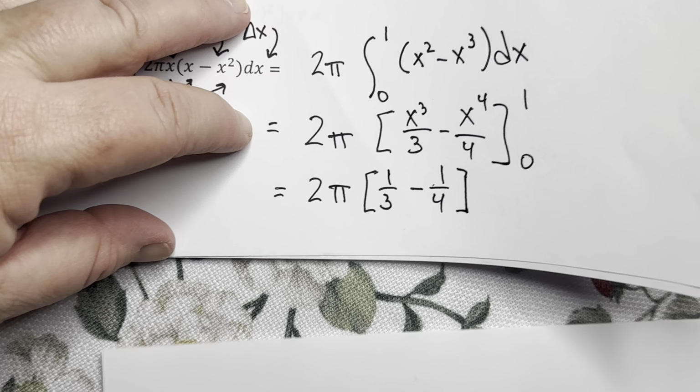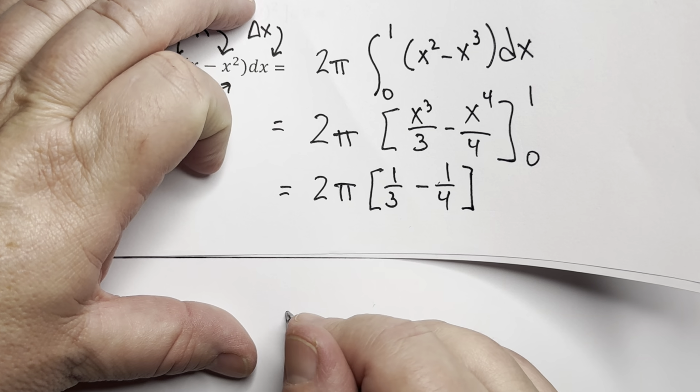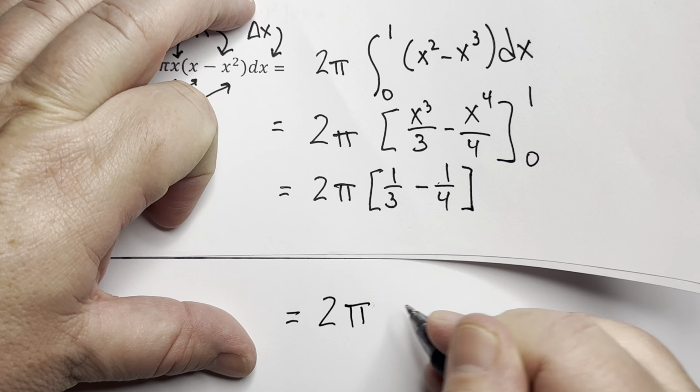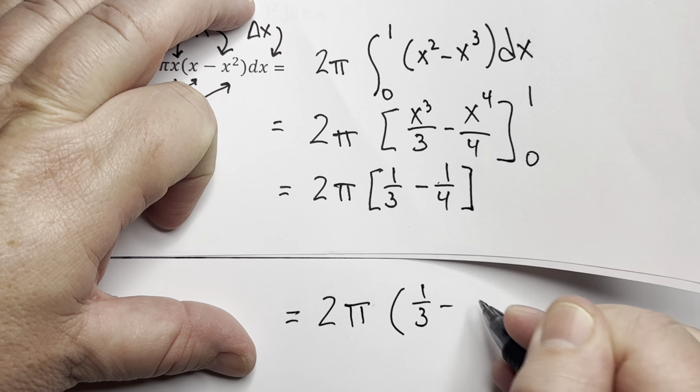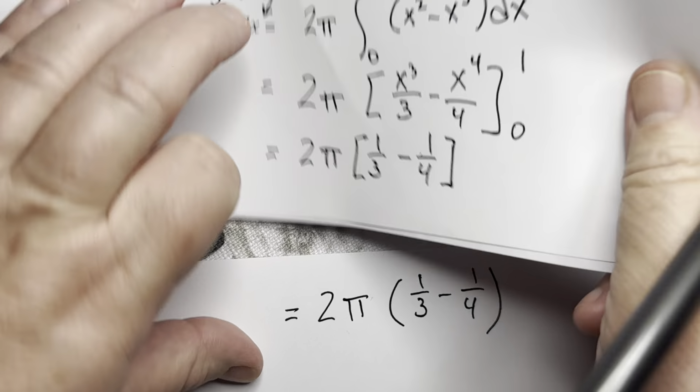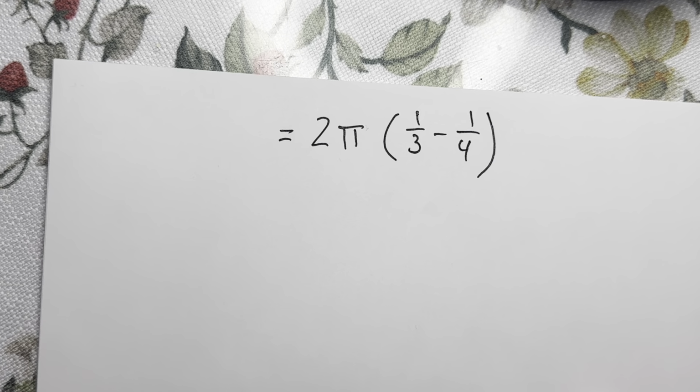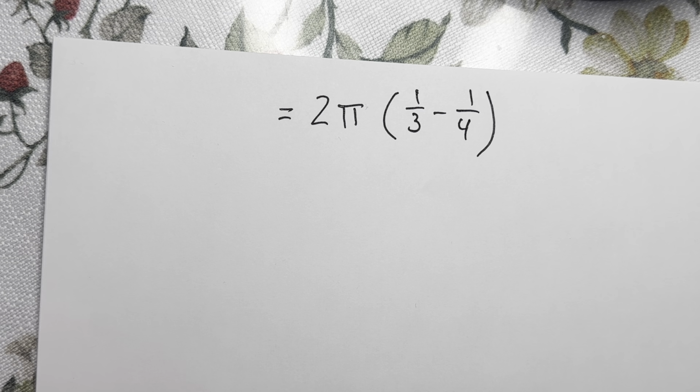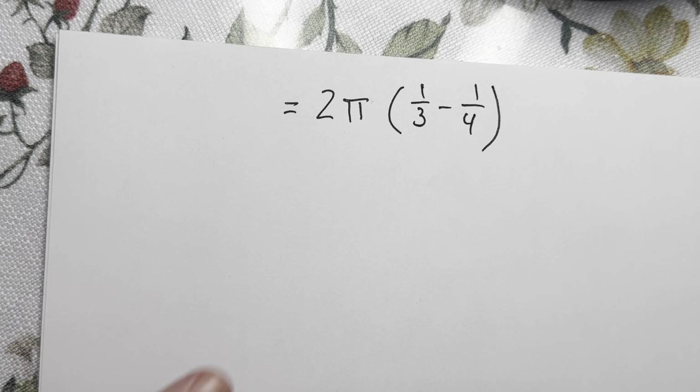And now I'm going to show you one more thing. So this is 2 pi times 1/3 minus 1/4. And there's a very cool thing that happens when you've got fractions like 1 over 3 and 1 over 4.